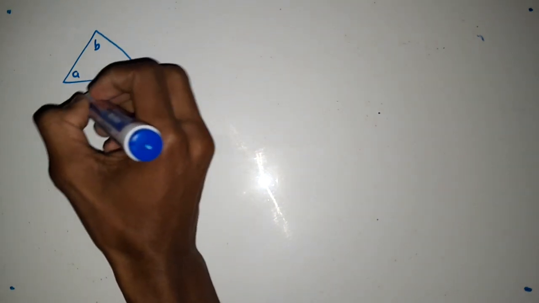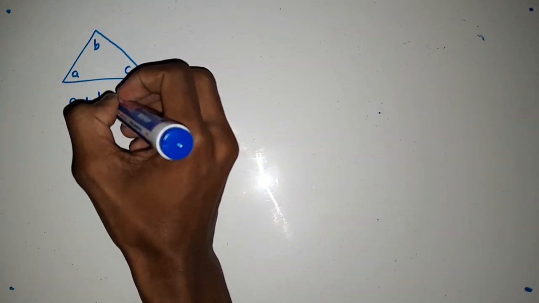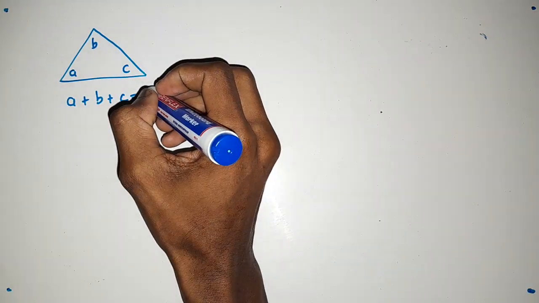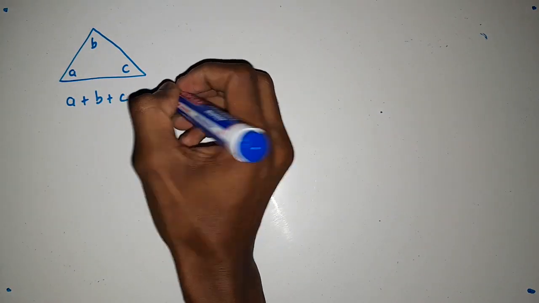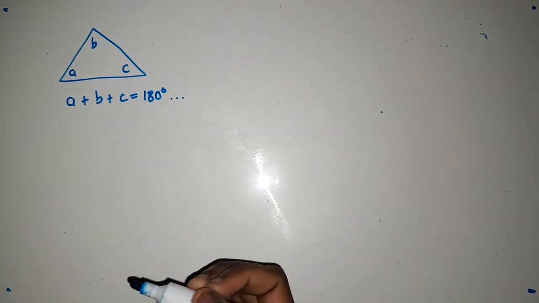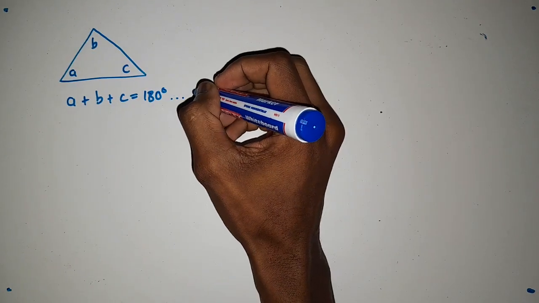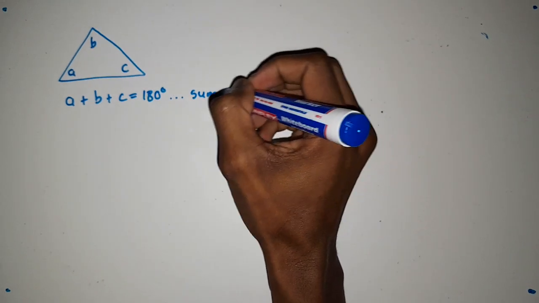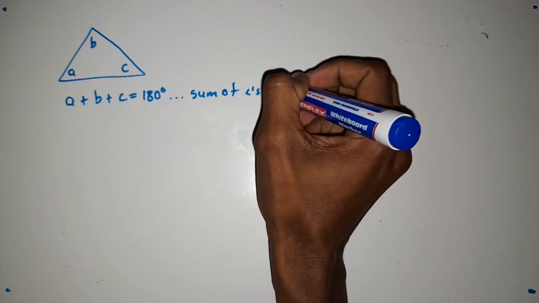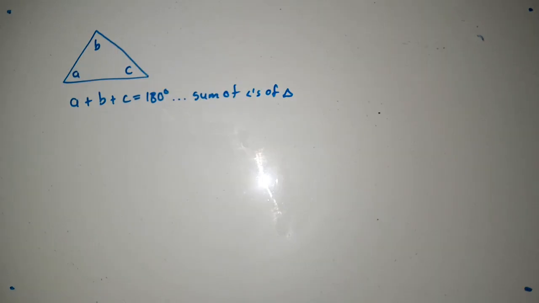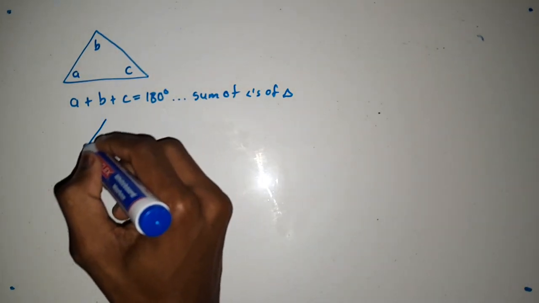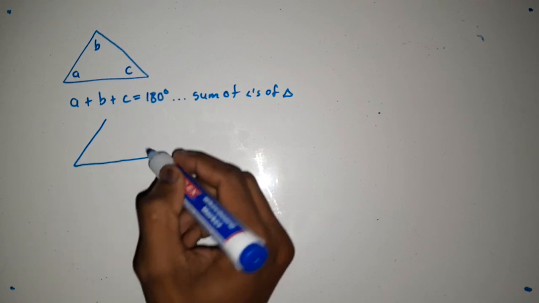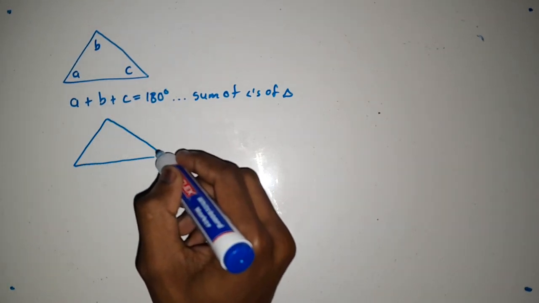Basic, you just need to know that if I add all of these, I must get 180. The reason is the sum of angles of a triangle. See, now let us consider some application.